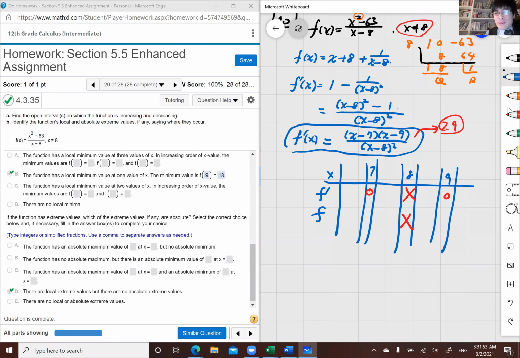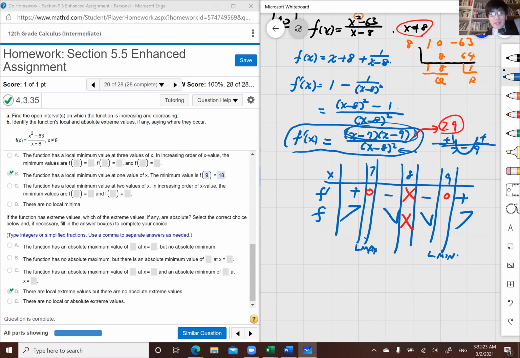And the denominator is always positive. So just look at the positive or negative from this quadratic function, which has a positive value on the two ends, negative value in between. So it's going to be up, down, down, up. So you have a local maximum here, and a local minimum here.